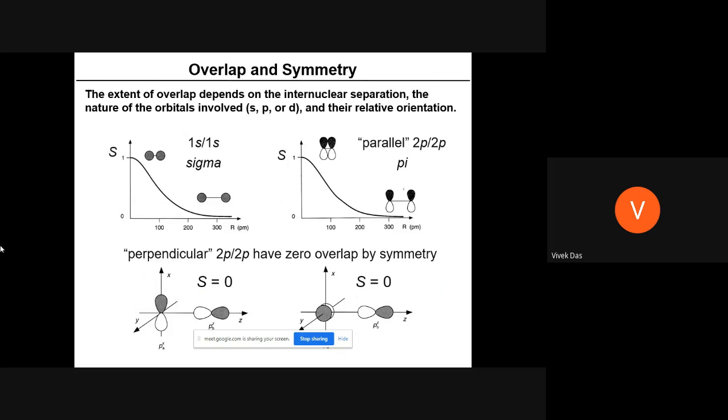A similar 2p orbital can have zero overlap: they have the same irreducible representation, but due to the orientation they have zero overlap.